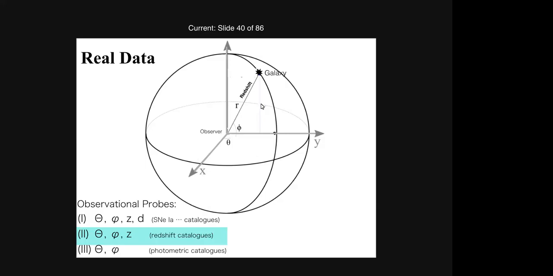But many methods have been developed to find the distances or the velocities, because the distance is related to the peculiar velocity. By peculiar velocity, I mean deviation from the Hubble flow due to inhomogeneity, due to anisotropy.